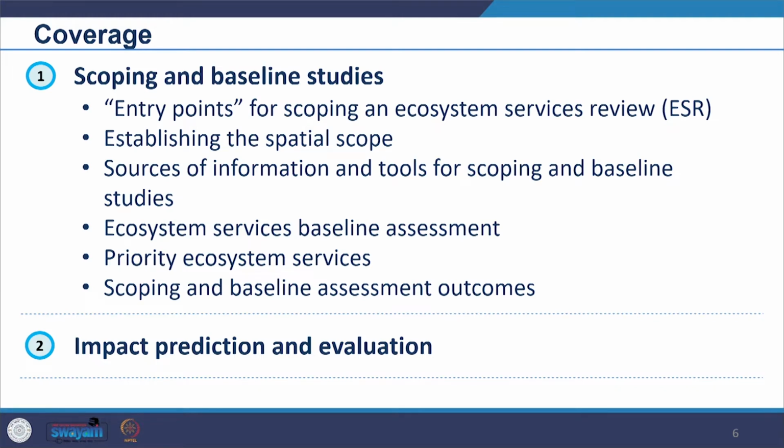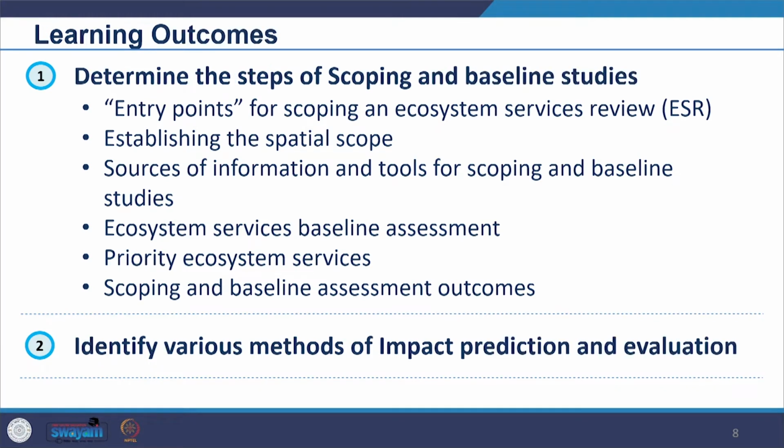and what you really do in that particular stage. So the expected learning outcomes from you after completion of this session is that you should be able to determine what all steps would be needed and how to conduct them. So you should be able to tell what are the options available to you for entry points, what kind of decisions you should make to determine the spatial scope, and also enlist what kind of sources of information and tools will be available for you for scoping and baseline studies.